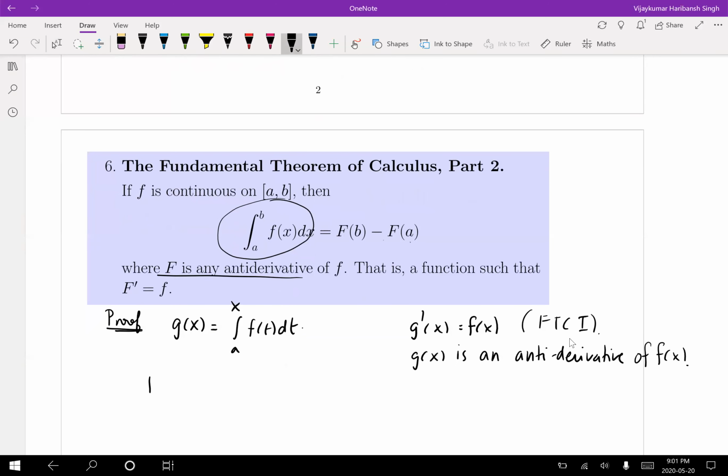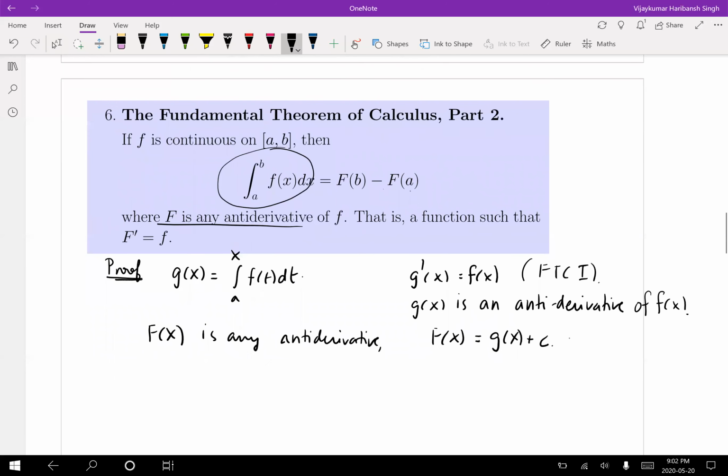So let F(x) be any antiderivative of f(x), then we know that F(x) is going to be g(x) plus some constant c. Yeah, so this was shown in Calculus 1, right? Now if x equals a, we get F(a) equals g(a) plus c.